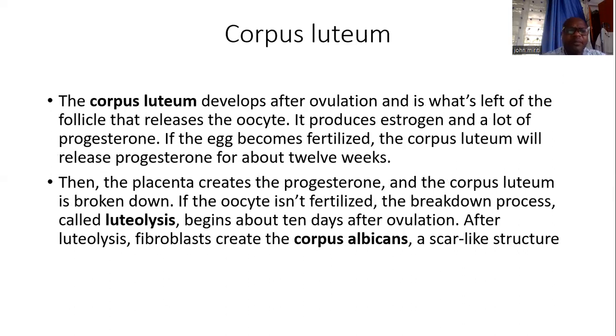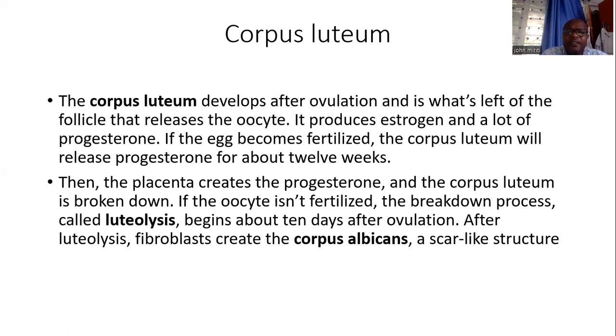The corpus luteum develops after ovulation and is what is left of the follicle that released the oocyte. It produces estrogen and a lot of progesterone. If the egg is fertilized, the corpus luteum will release progesterone for about 12 weeks. Then the placenta takes over producing progesterone and the corpus luteum is broken down.